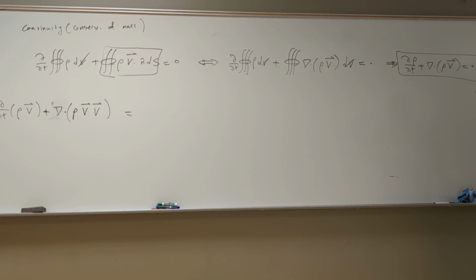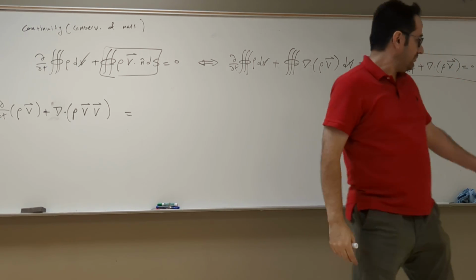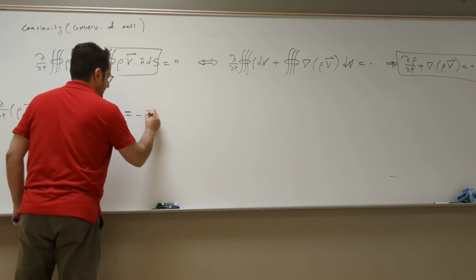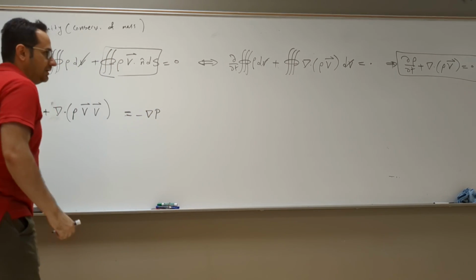Like if you do it for the x equation, you get dp dx. If you do it for y, you get dp dy. If you do it for z, you get dp dz. The other ones become zero because you get the normal one. So that will convert to a gradient. So you get negative gradient of p, pressure.